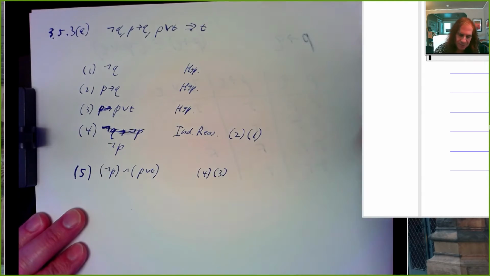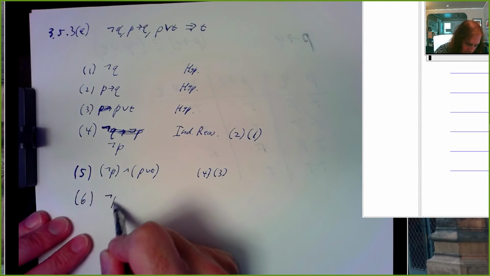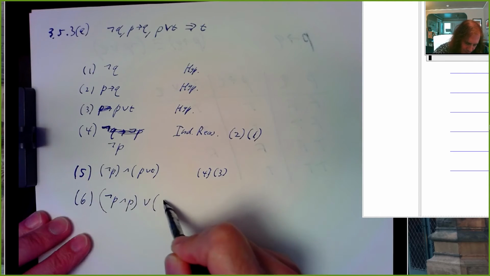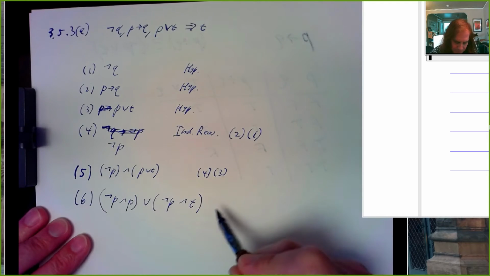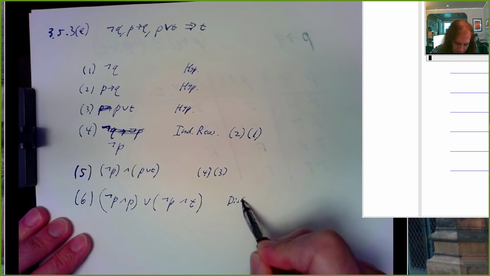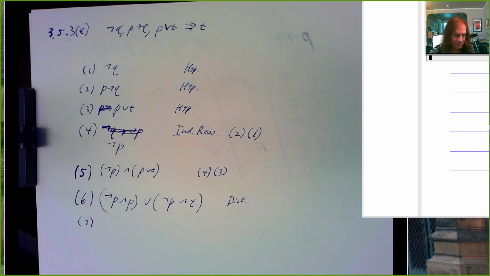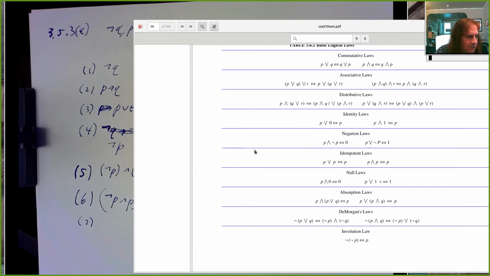But we can distribute that and. This becomes not P and P, or not P and T. And that's distribution. Well, not P and P is false, and that's the negation law.